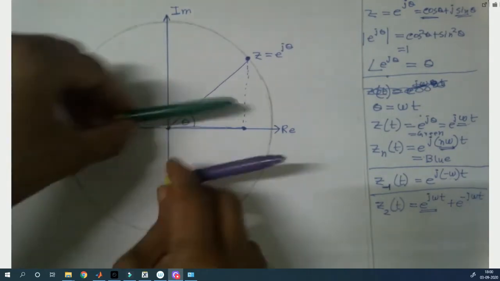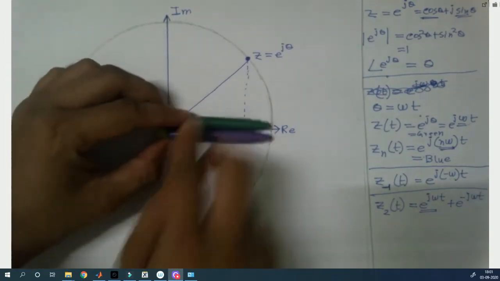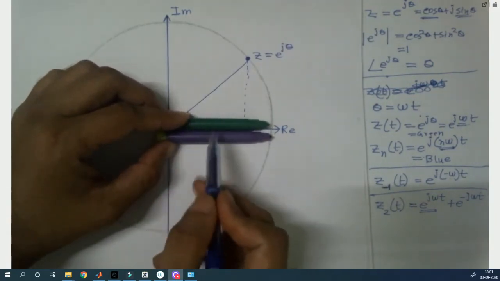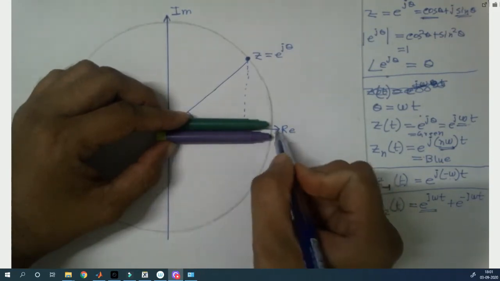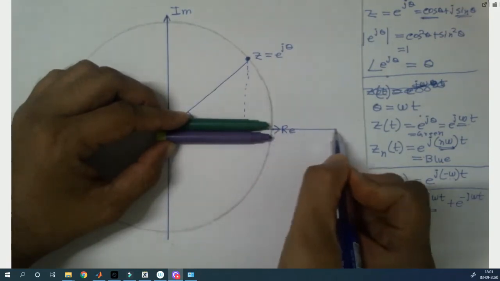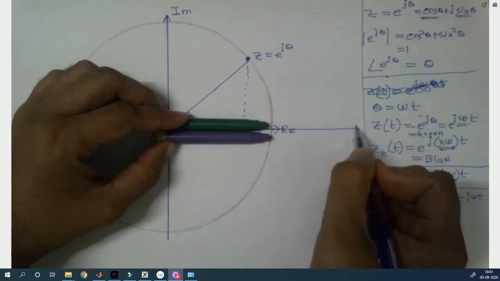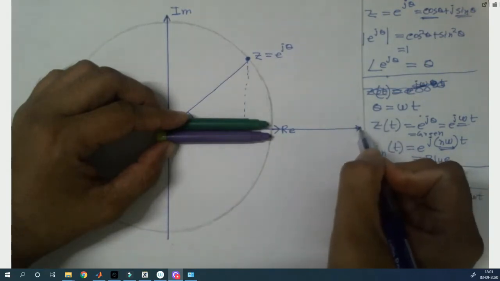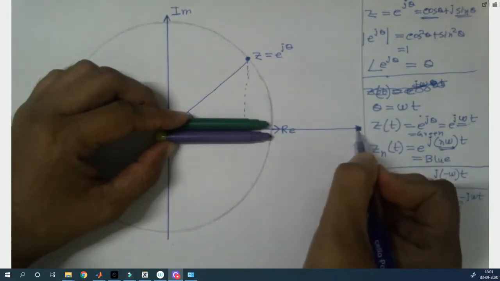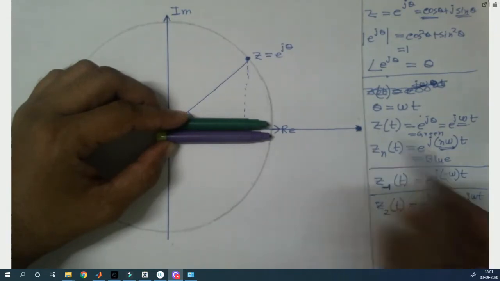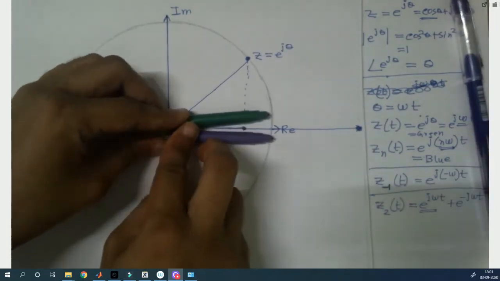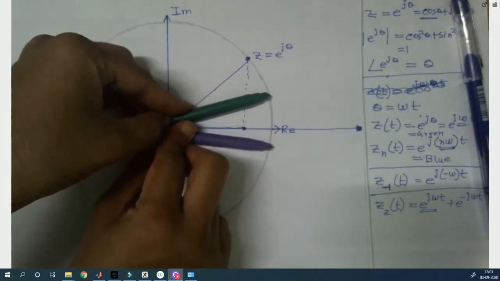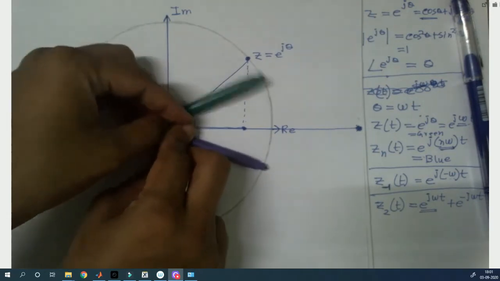Now if I show them together, this is their starting position. If you add these two vectors, then you will get a number which is twice of them individually, which will be somewhere here, but that result will definitely be a real number. And then as time increases, the green pen goes anti-clockwise, the blue pen goes clockwise.